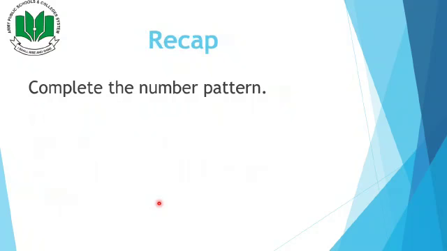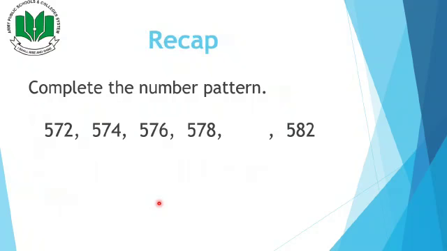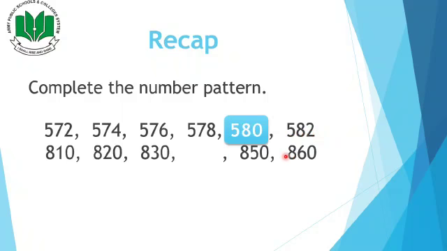Let's have a recap. Complete the number pattern. 572, 574, 576, 578. One number is missing and 582. So, what will be the answer? 580. 810, 820, 830.